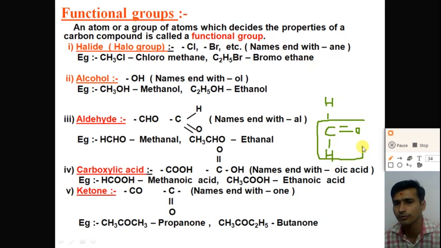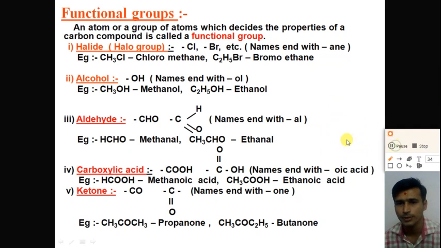So this CHO is the functional group aldehyde. One carbon atom, the name starts with methane, and here the prefix is R. So this one carbon atom is the methanal. Similarly, if we consider two carbon atoms, and one of the carbon atoms is connected with the oxygen atom with a double covalent bond, that is the ethanal, like this.